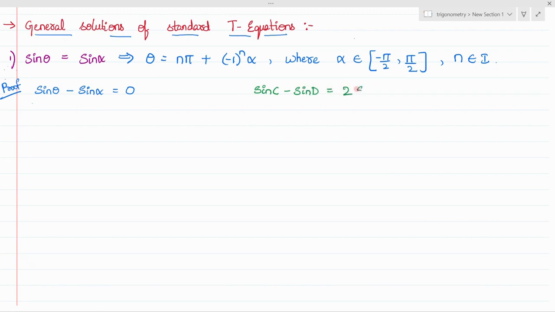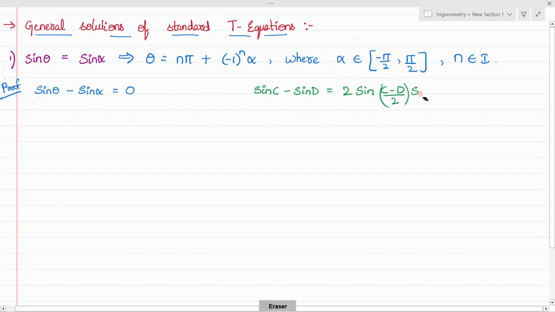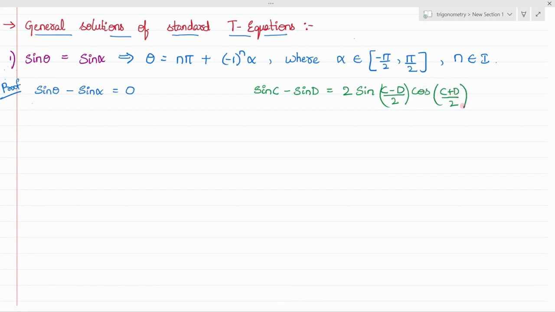This can be written as 2 times sine C minus D by 2 into cos C plus D by 2. Instead of C and D, you can also keep X and Y. It's the same thing. So let's use this formula over here.